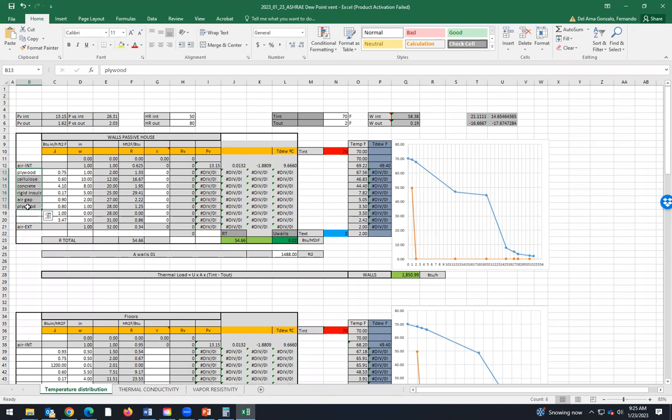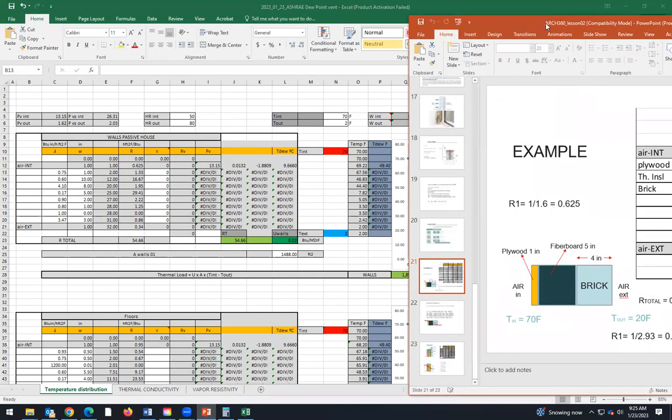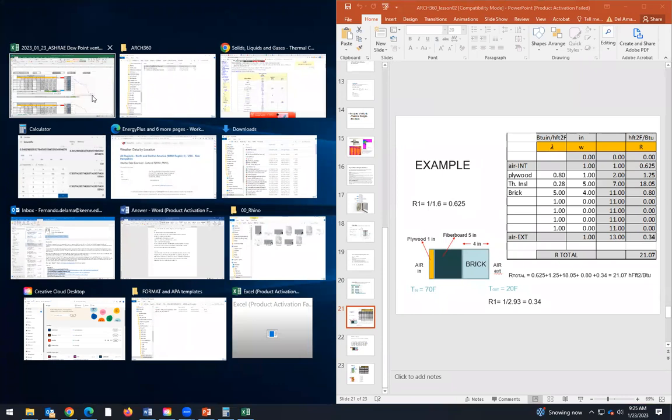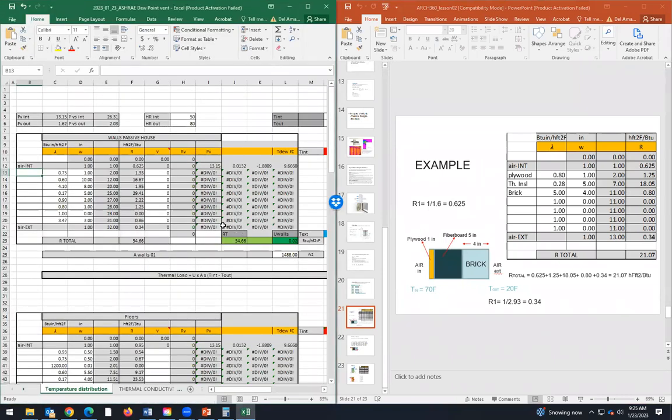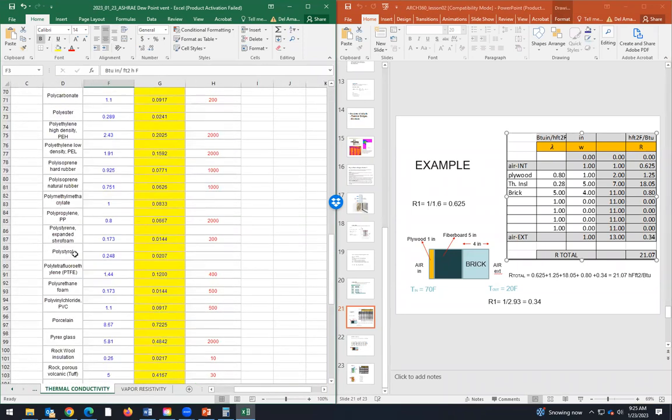So I'm going to delete this and let's work with this example. So the first material is plywood. The thermal conductivity, according to this, I can look at the plywood here.